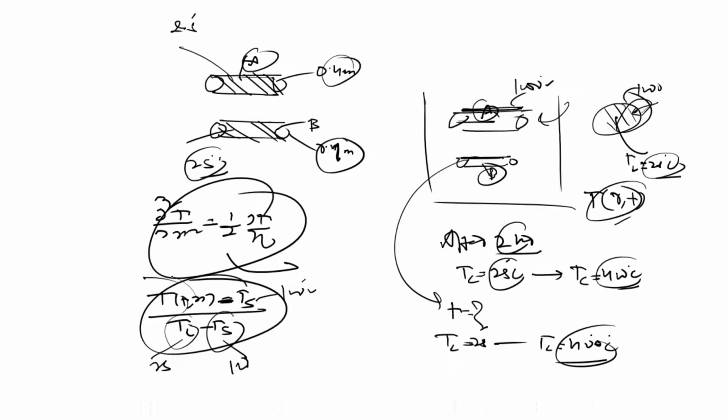How much time will it take for the temperature at x to reach 400 degrees Celsius? That is fixed now. For this, the solution is the error function of eta, where eta is x upon under root 4 alpha t.